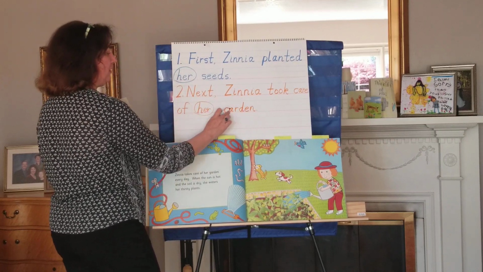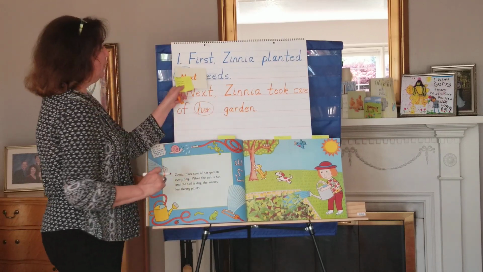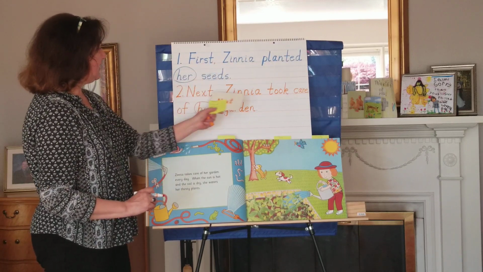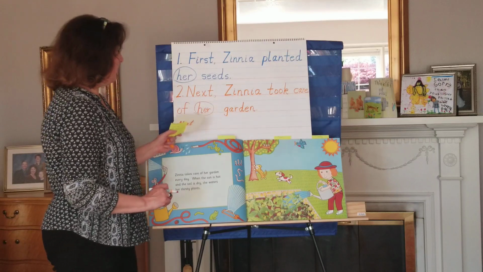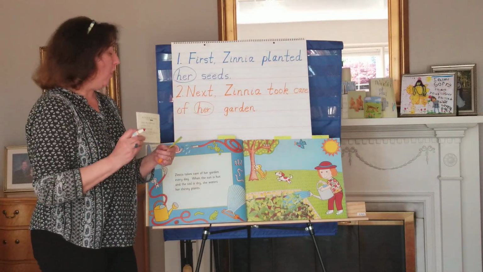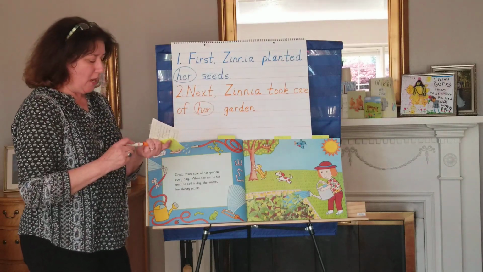There's that shorty sound, garden. So first, Zinnia planted her seeds. Next, Zinnia took care of her garden, okay? She had to check it, she had to water it, she had to weed it. All right.